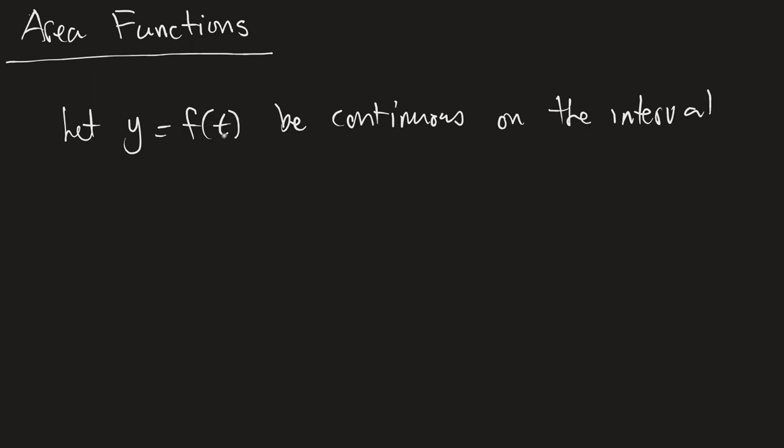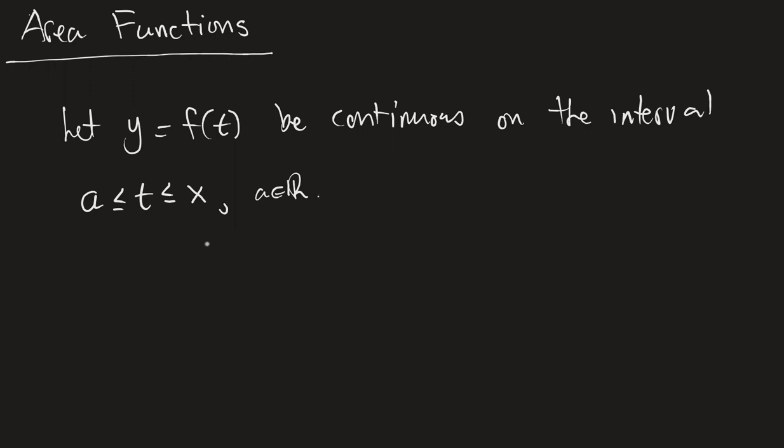So we're using t as the independent variable of our function, and the interval will be from a fixed number a to a variable x, right? So a is some real constant, and then x is a real variable, right?